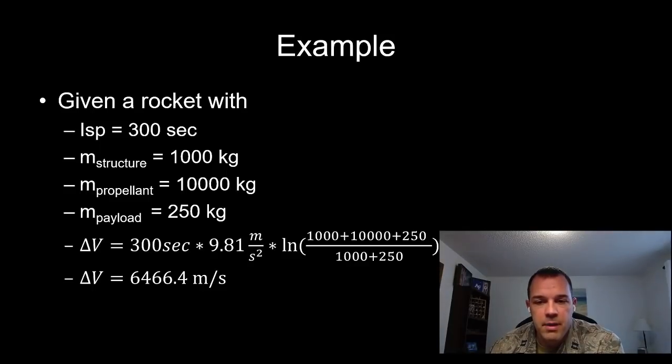And then the final mass of a rocket is just the initial mass minus the propellant that we've used up burning our rocket. So if we crunch it in a calculator, we find out that we get a delta V of 6,466.4 meters per second. Now again, that's meters per second, so just drag that decimal point 3 places to the left, and you wind up with your delta V in kilometers per second. So keep in mind what your units need to be.